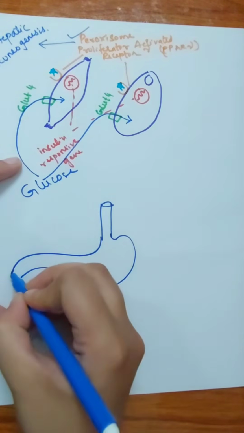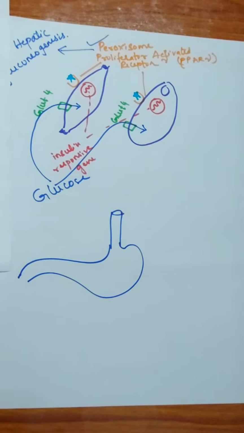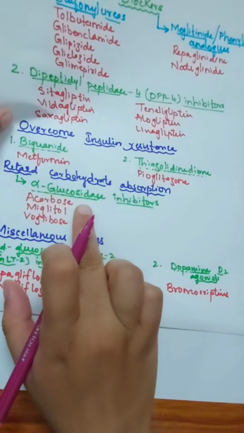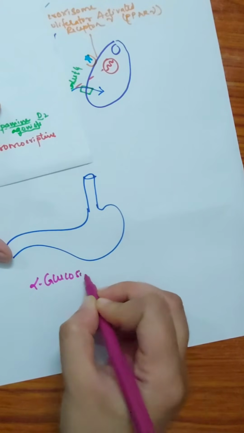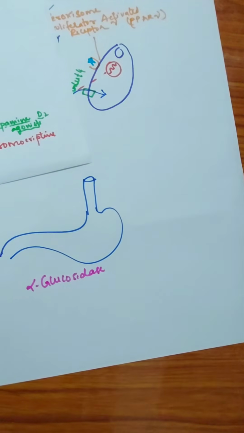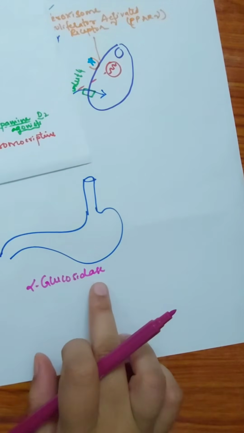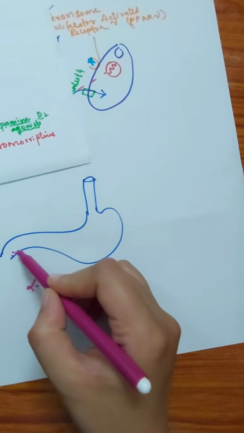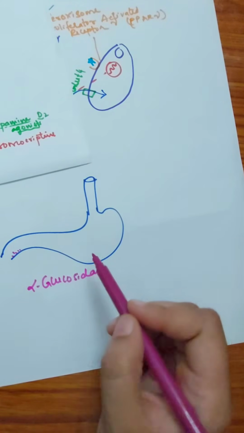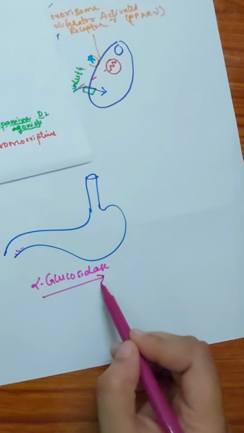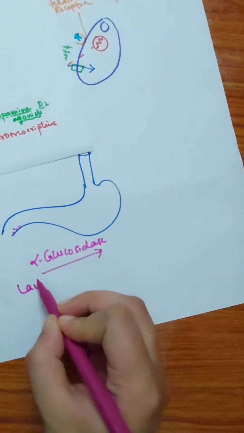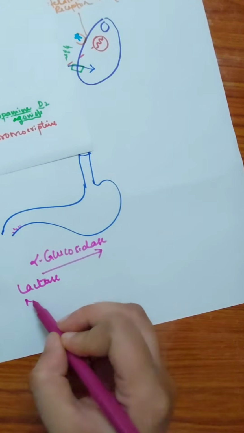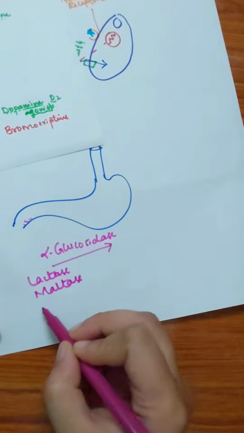Okay, so in your gut there resides an enzyme, and the name of that enzyme is alpha glucosidase. This alpha glucosidase enzyme is mainly present on the brush border of your intestine, and it is mainly involved in the last step of carbohydrate digestion, like lactase, maltase, galactase.